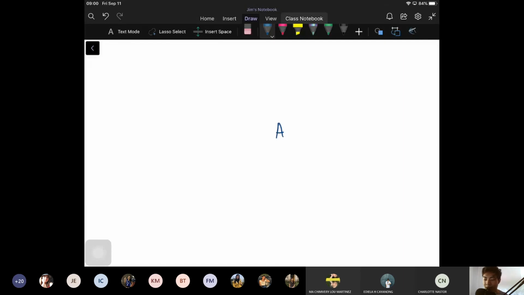So, this is your central atom. Then, I have 4 equator atoms. 2 nasa harap ko. Yung 2 nasa likod. So, ito yung shape na square. Yung isa nasa taas, yung isa nasa baba.